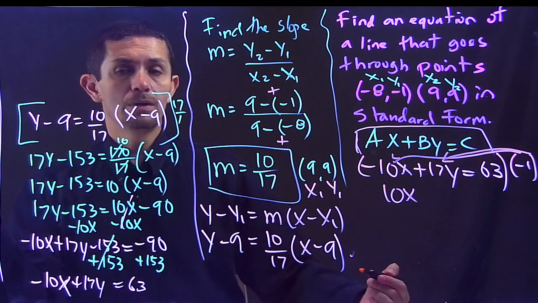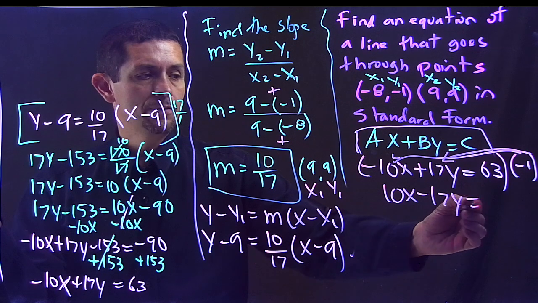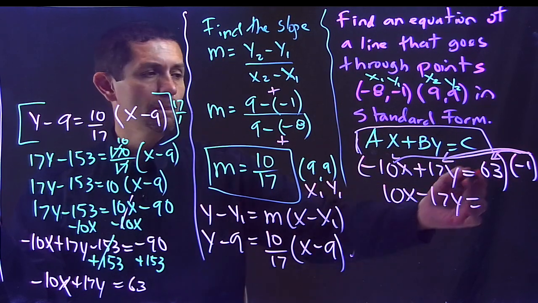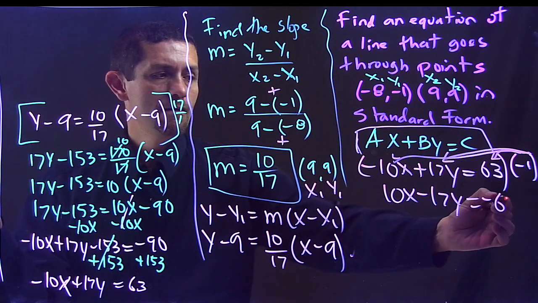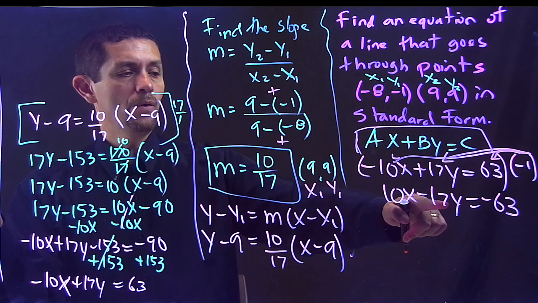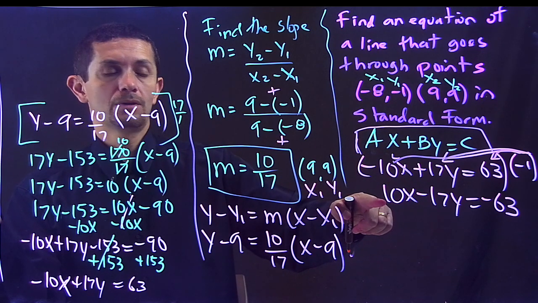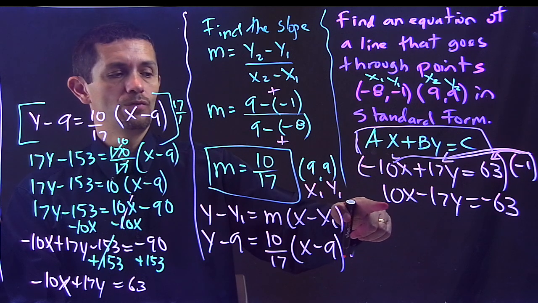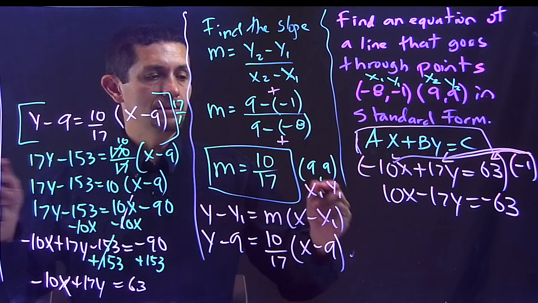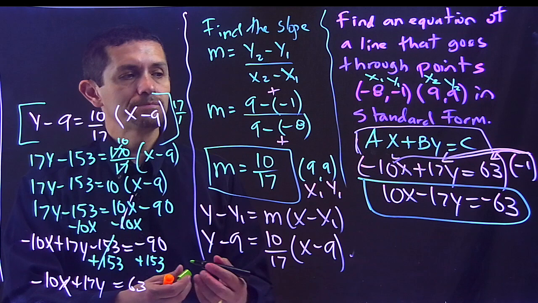Negative 1 times 17y, negative times positive, negative. Negative 1 times positive 63, negative. Here we go. X and y on one side of the equal sign. The coefficient in front of the x is positive. Therefore, I'm done. And this is my standard form of that equation.